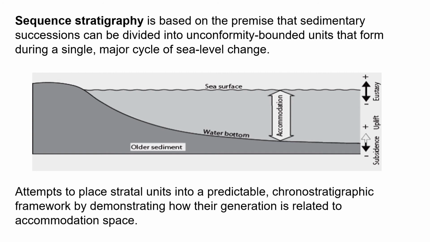Ultimately, the goal here is to put these units into a somewhat predictable framework of time-rock relationships, so a chronostratigraphic framework, by showing how they're formed in relation to accommodation space. And this is going to usher in what we'll be talking about after spring break, where we're really looking at the role of tectonics and the role of climate in the production and evolution of basins. So this is why we're getting this under our belt first.